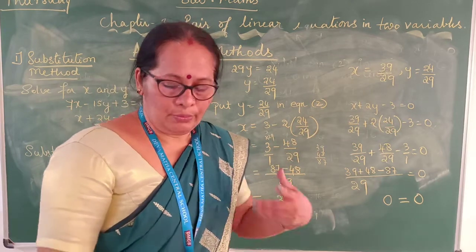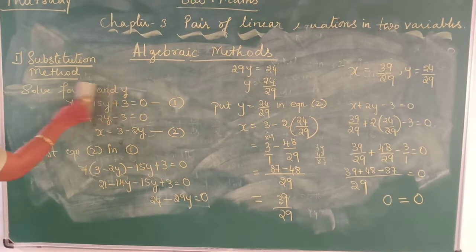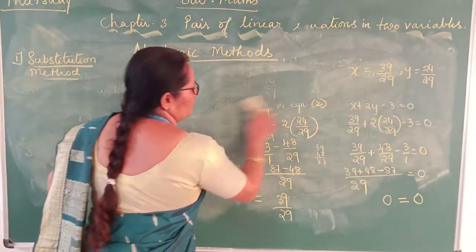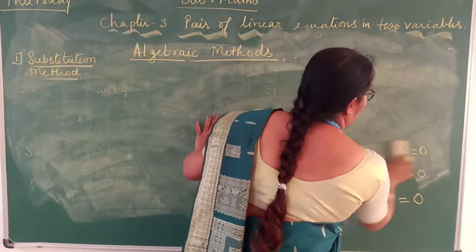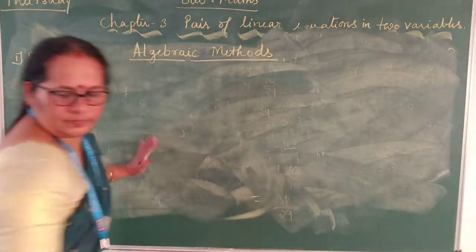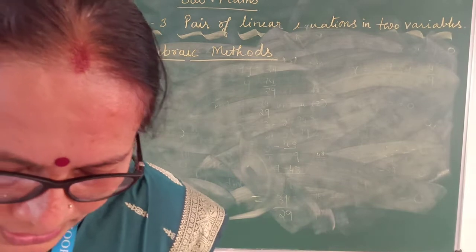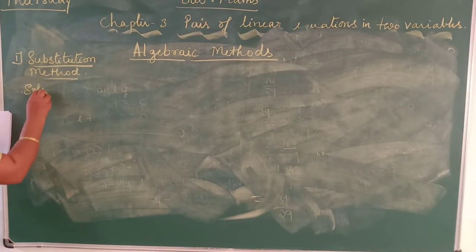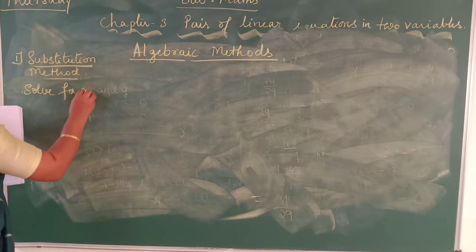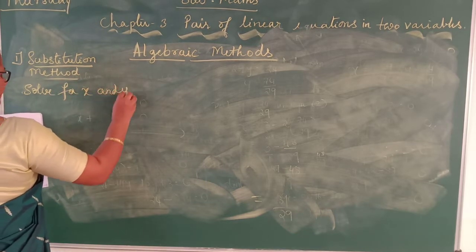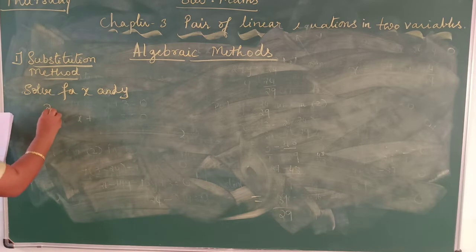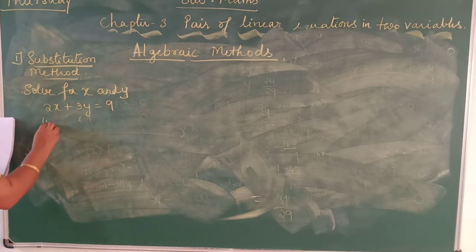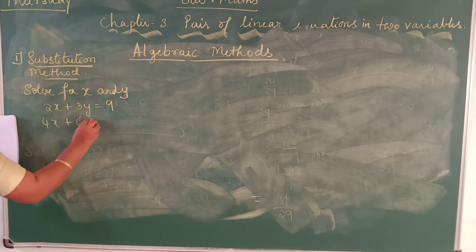Right? One more example I will take. Solve for x and y. The equations are 2x plus 3y equals 9 and 4x plus 6y equals 18.